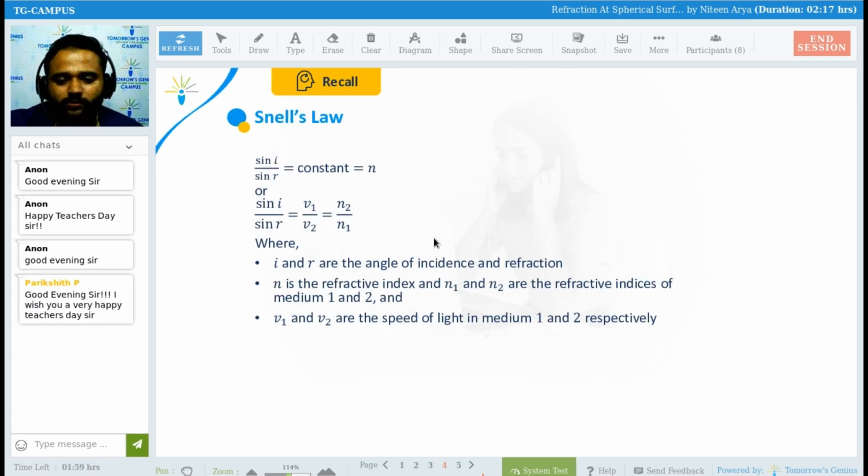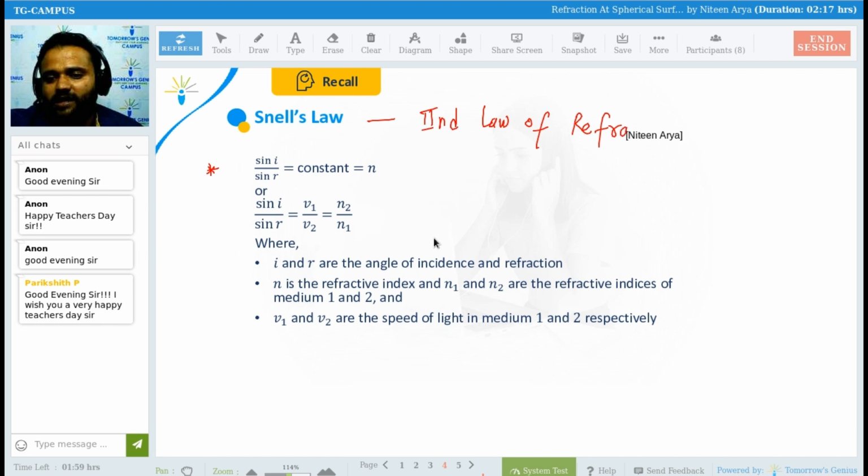Now Snell's law, we have done this in great detail, so let us recall it. That is the second law of refraction. The second law of refraction states that the sine of the angle of incidence divided by the sine of the angle of refraction is a constant, and it equals v1 by v2 equals n2 by n1.